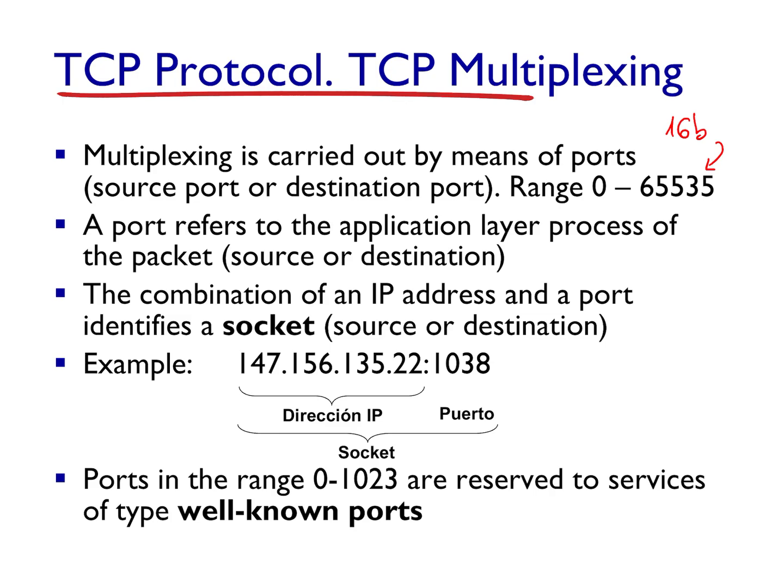Then we introduce the concept of socket. The socket is the combination of an IP address and a port. So in this example, we have a socket that is composed of this IP address and this port, and we separate the IP address from the port by means of a colon.